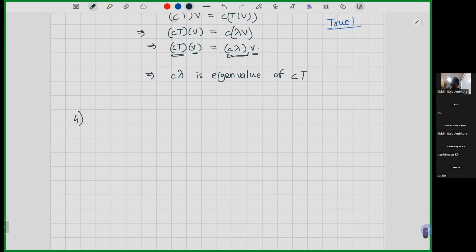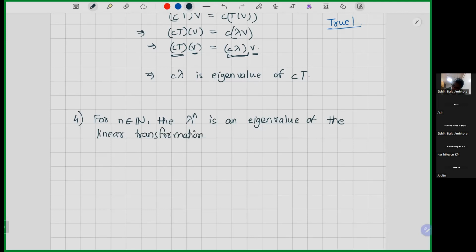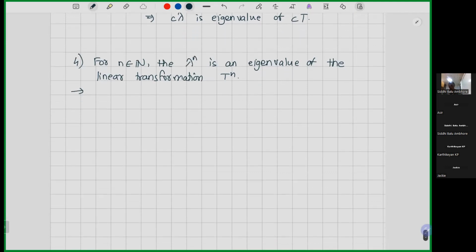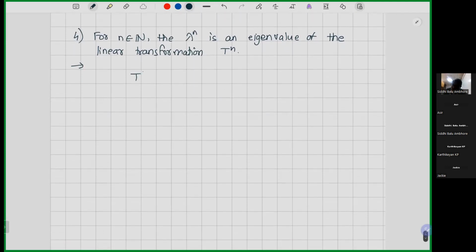Then the fourth one, that for n belongs to N, lambda to the n is an eigenvalue of the linear transformation T power n. So they are asking whether lambda to the n is an eigenvalue of T power n. So T power n is what?